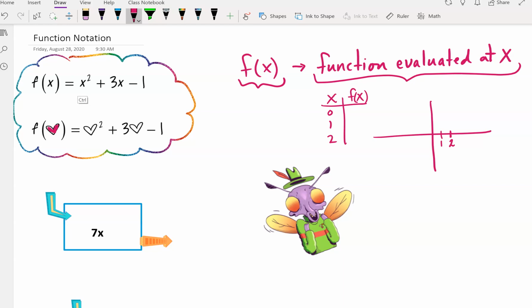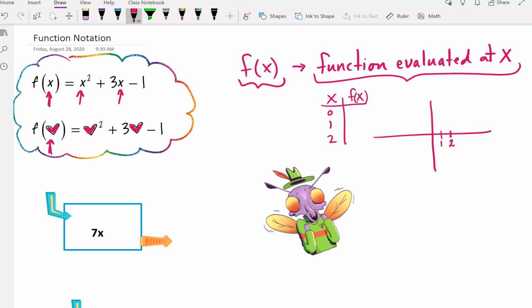And then this X has also changed to a heart. And this X value has also changed to a heart. So it looks like what has happened is whatever picture has gone in here into this spot for X, we have gone ahead and replaced that picture everywhere we saw an X. Do you see that happening right there?